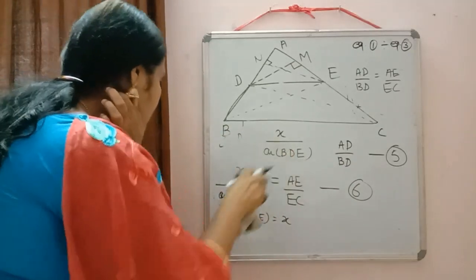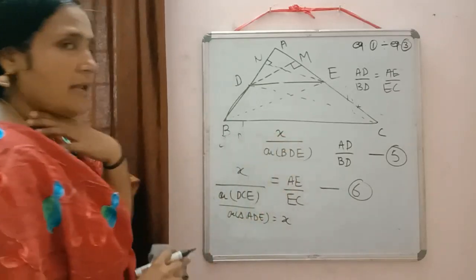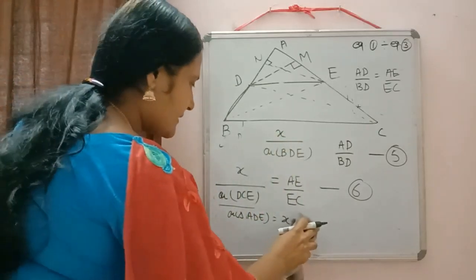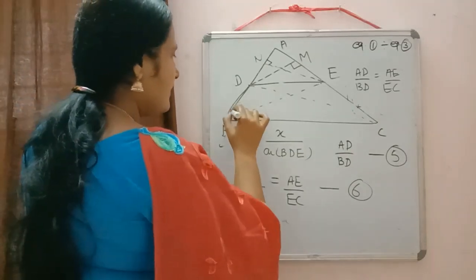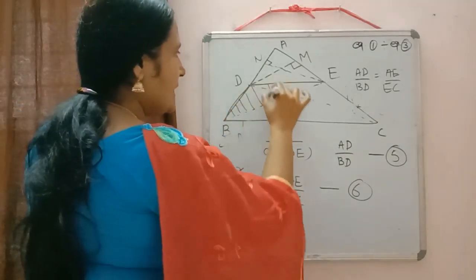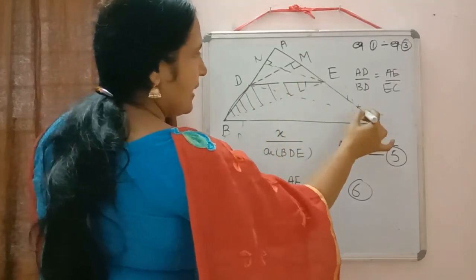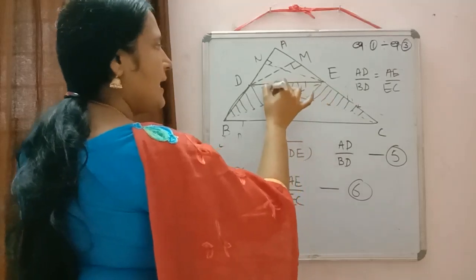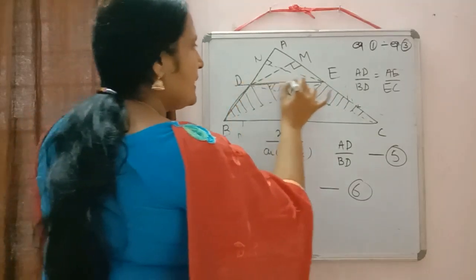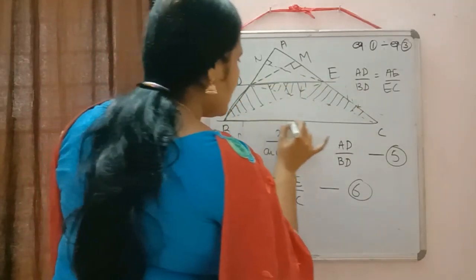Now we have to prove these two triangles are also equal in area. Now you check the diagram. Triangle BDE and triangle CDE.